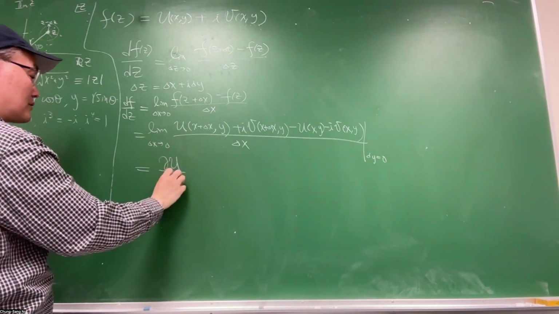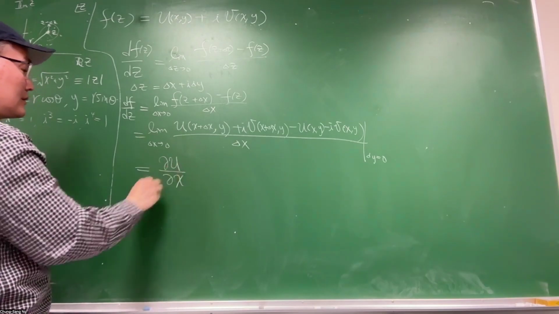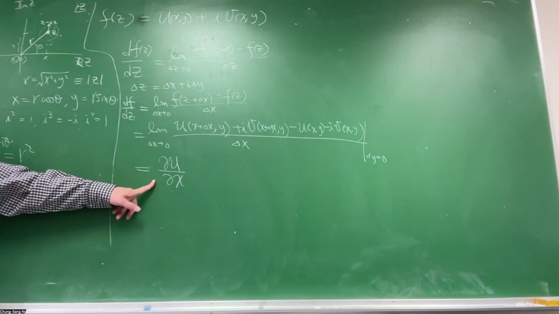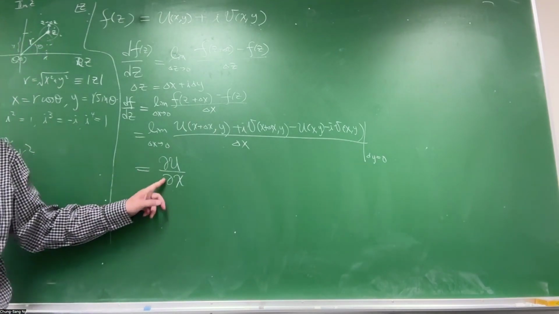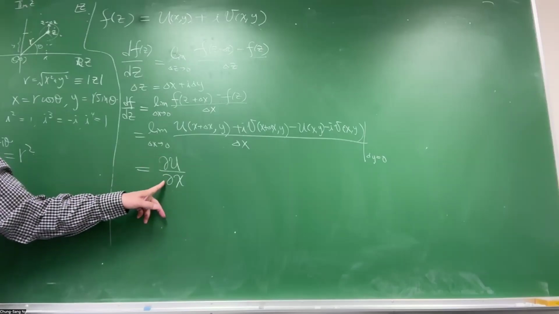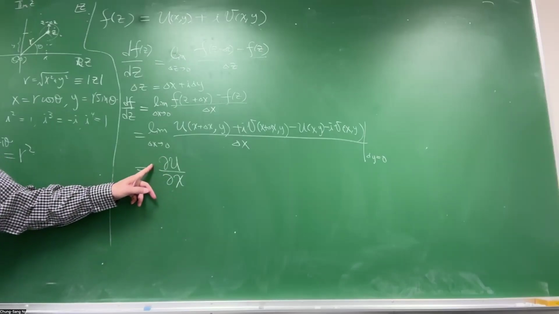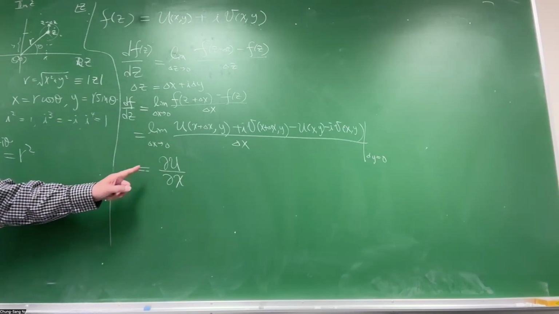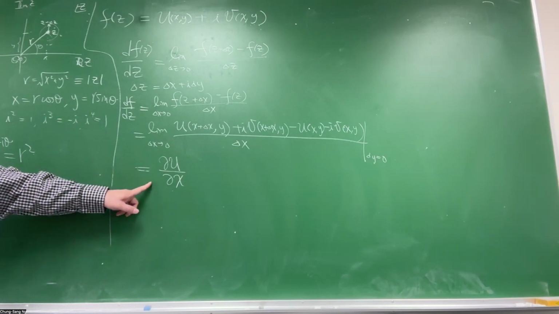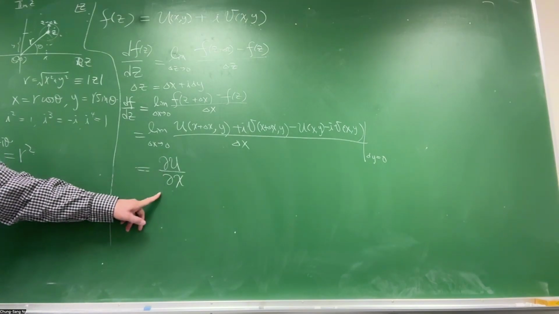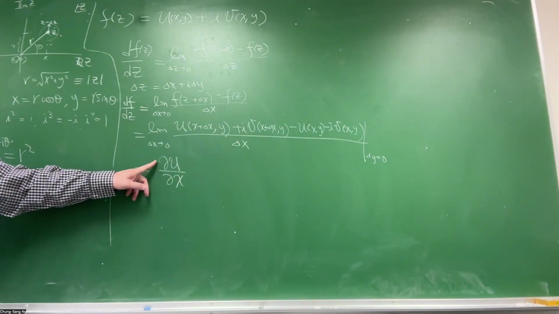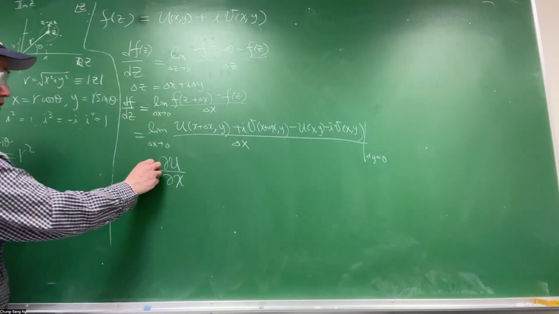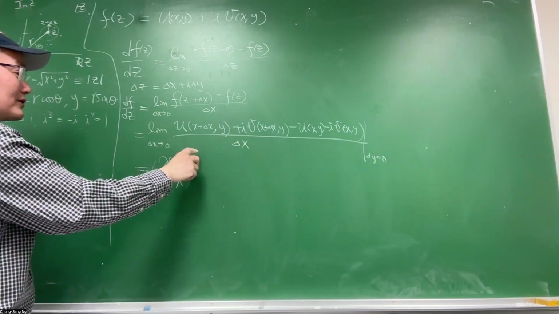So partial u partial x, right? And one remark about partial derivatives. You most likely learned about derivatives, but this remark is for you to remember that there's a subtlety in this notation, because people usually are lazy. When you write a partial derivative, supposedly you need to indicate what else is kept fixed.